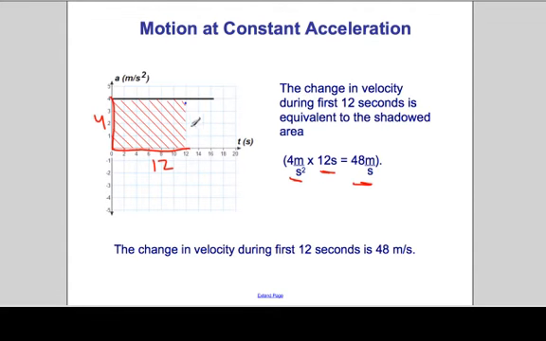Let's say our first delta V for the first 12 seconds was 48 meters per second. Now just imagine we have to continue to accelerate for some reason. What are we doing to the total amount of area under the curve as time goes on? The answer is it goes up.